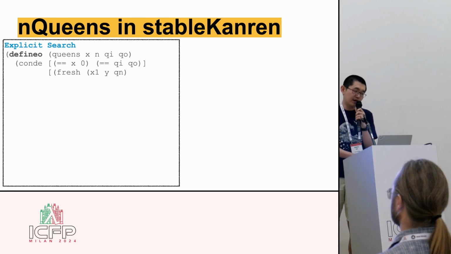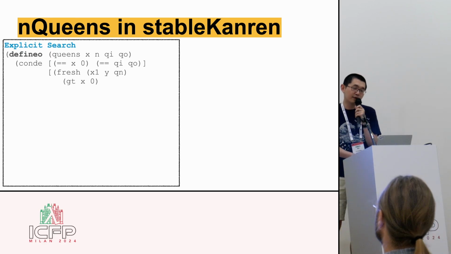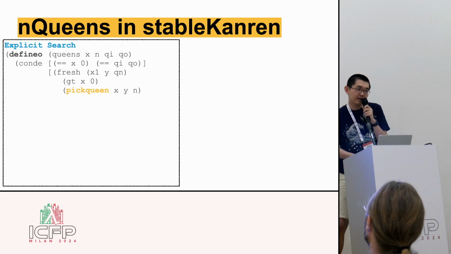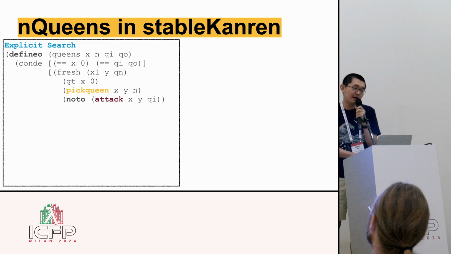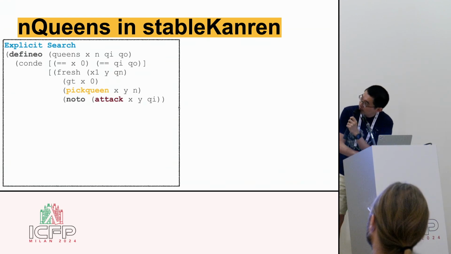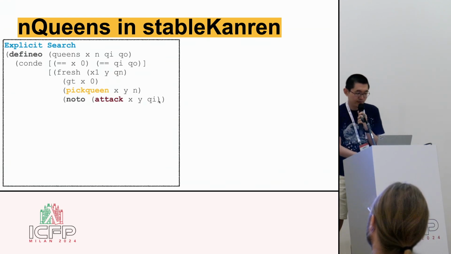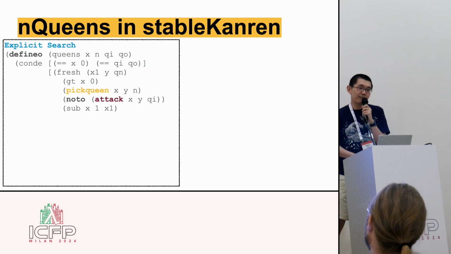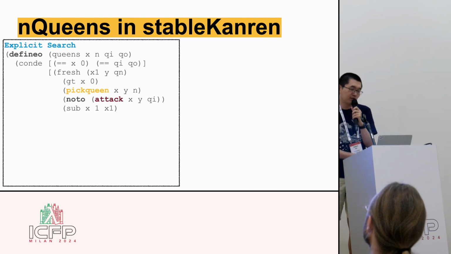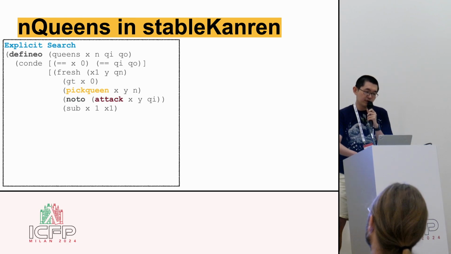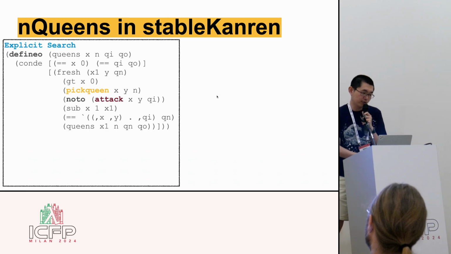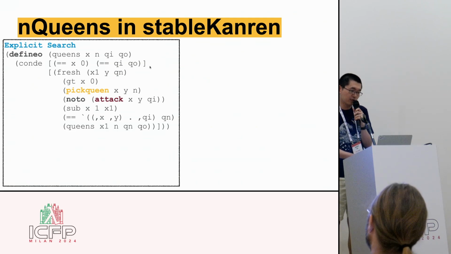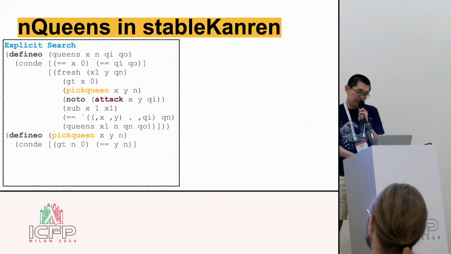Then we try to pick one queen and place it on the board, and verify that it is not attacking the existing queens, like the Qi here. Now we move to the next step. We successfully placed it, and they are not attacking each other. We move on to the next queens and go on until we reach the base case, with x decreasing until 0. How do we pick queens?